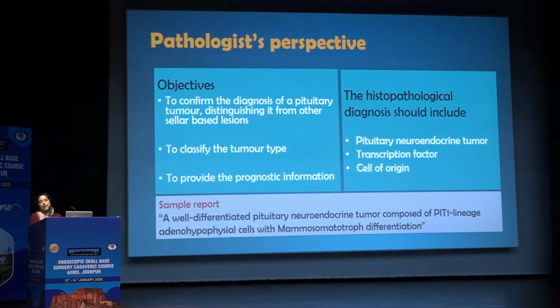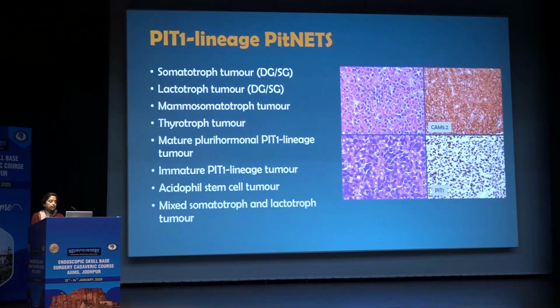So this is an example of a report. Whenever I report any pituitary tumor in my lab, I should report it like a well-differentiated pituitary neuroendocrine tumor composed of PIT1 lineage adenohypophyseal cells with mammosomatotrope differentiation. And how is this differentiation given? It is provided on the basis of immunohistochemistry for the hormones.